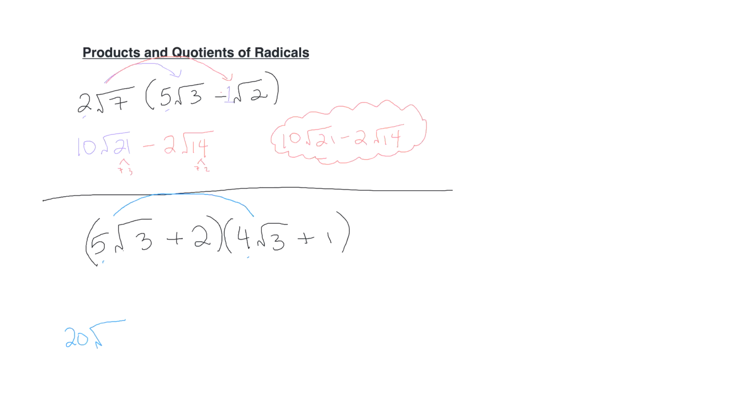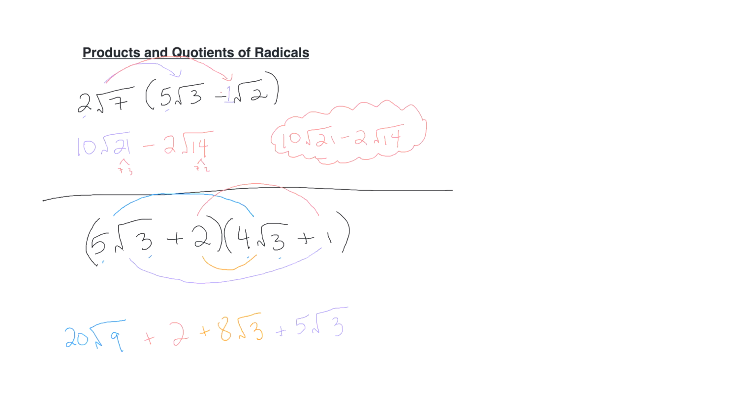Inside the square root, I have 3 times 3, 9. 2 times 1. Middles. So 2 times 4, 8 square root of 3. I have square root of 3 times 1 is 5 square root of 3.